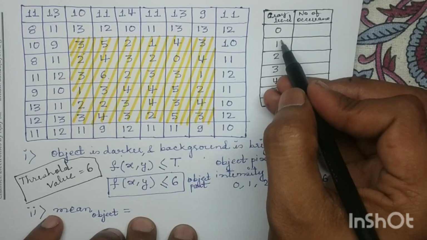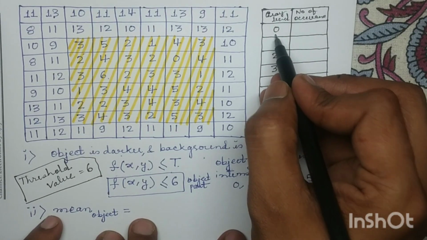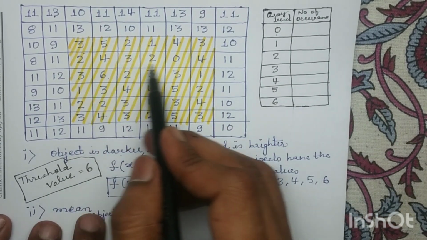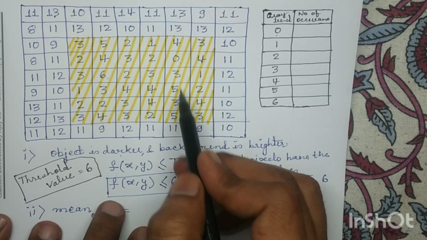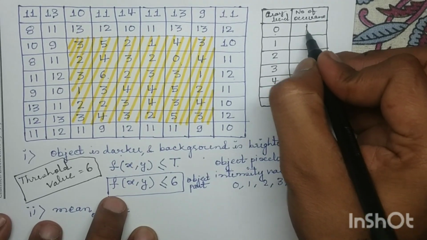Now we will check the number of occurrences of each gray level. The number of occurrences of gray level 0 in this highlighted object part is only 1.